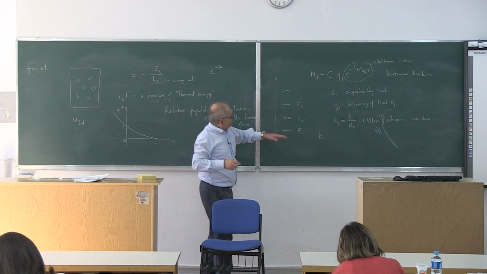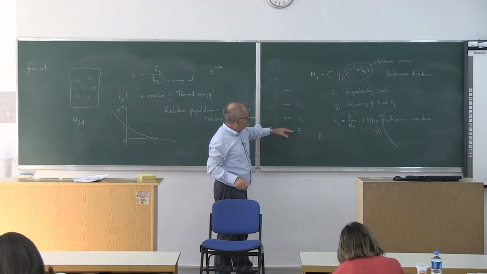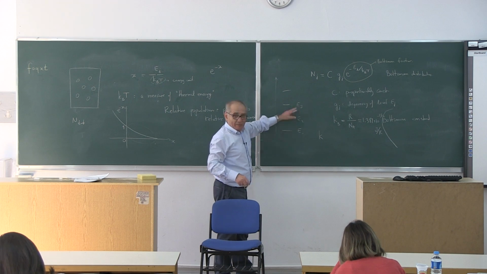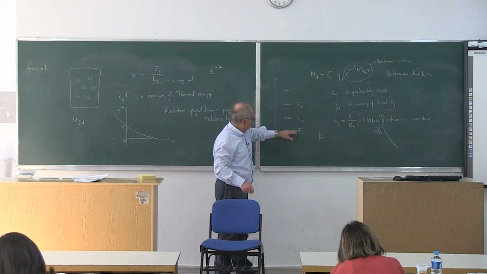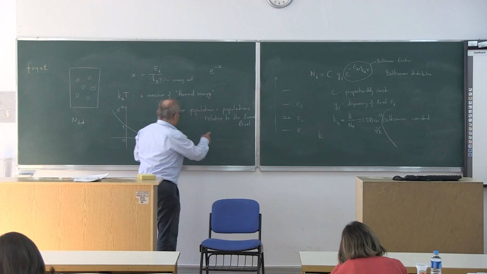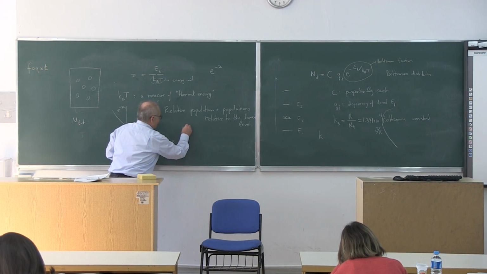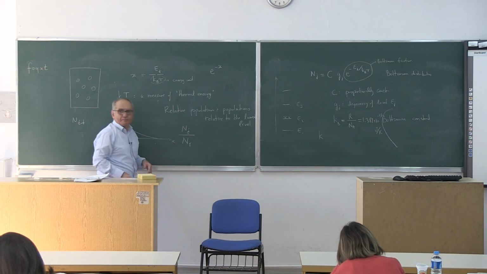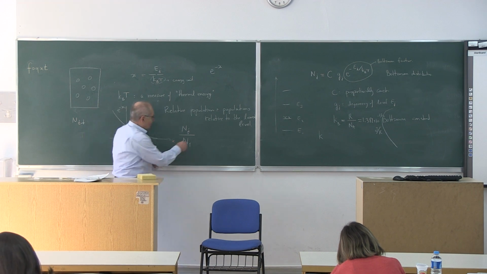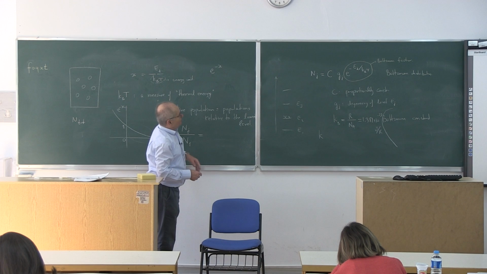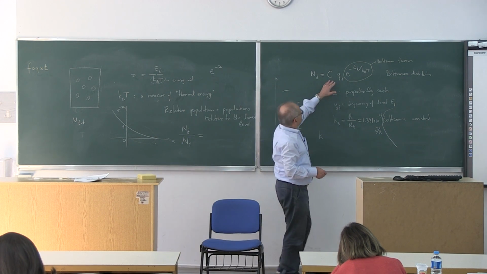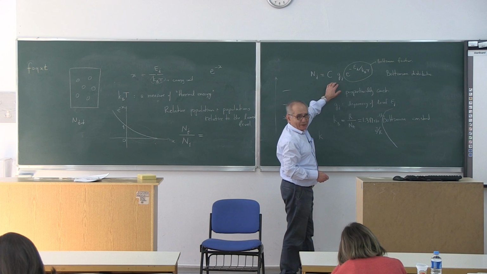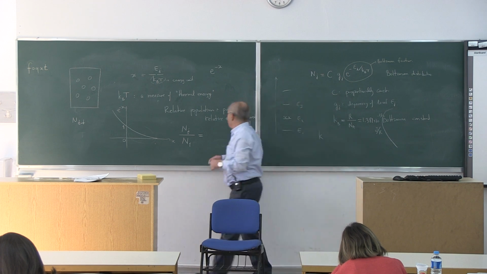When the energy levels are numbered like this, starting with 1, E1, the lowest level is called E1, the next one E2. Then we are talking about this expression, Nj divided by N1. All right. We use this expression for both Nj and N1, so the C, the proportionality constant, cancels.